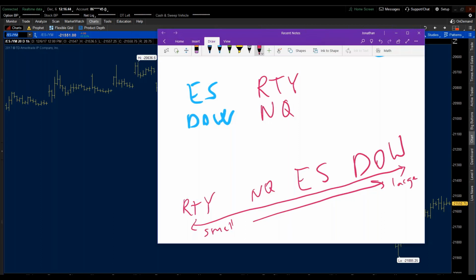So in my opinion, and I have not run a correlation analysis on this, this is just my opinion, but it's a strong opinion, I think that the S&P and Dow are going to have a higher correlation. The NASDAQ and S&P are going to have a high correlation, but the Russell against the Dow, the little guys against 30 stocks, not as tightly correlated.